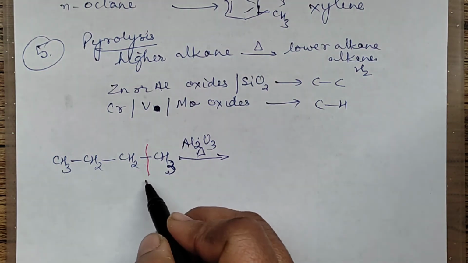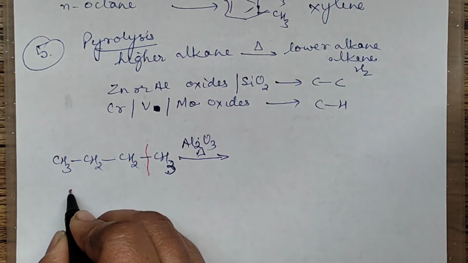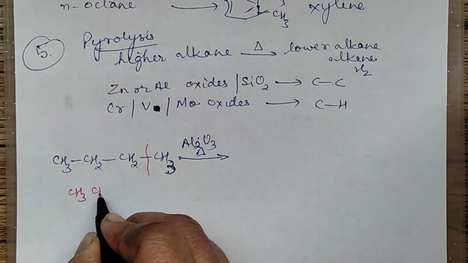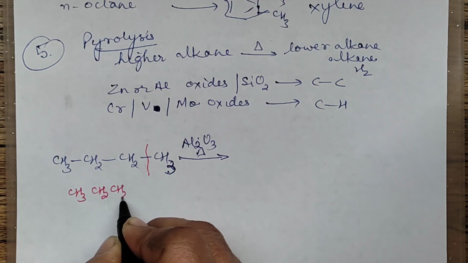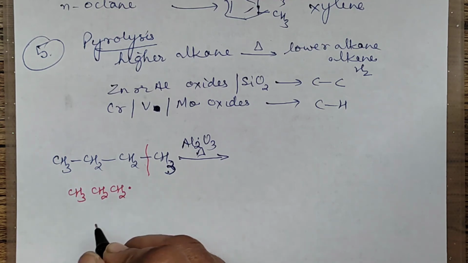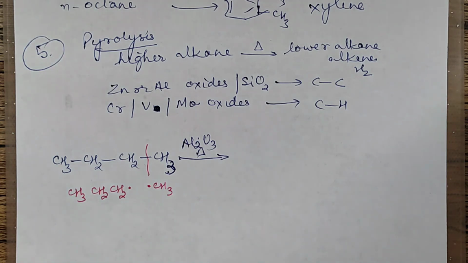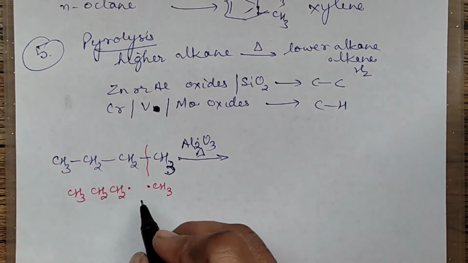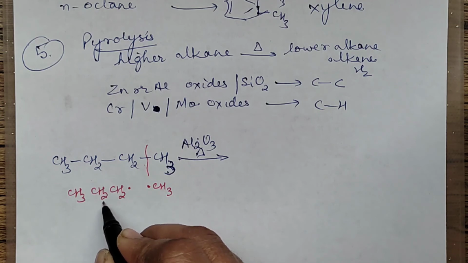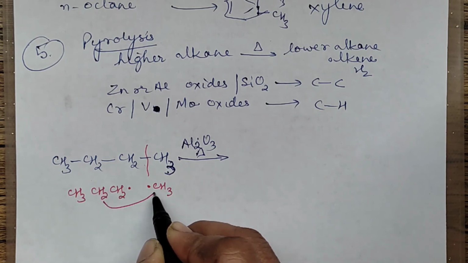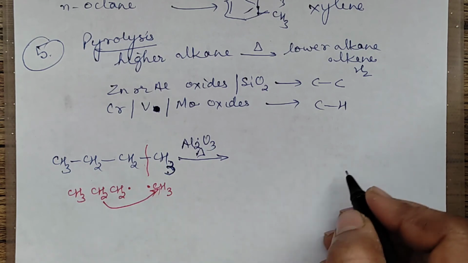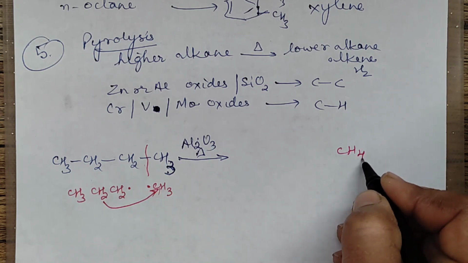When this bond breaks by homolytic fission, it will result in the formation of a CH3, CH2, CH2 free radical, and the other one you will have a CH3 free radical. You will get one n-propyl free radical and another methyl free radical. Now the possibility here is that one H from here will shift this side. When it shifts this side, it will result in the formation of methane. So one product might be methane.